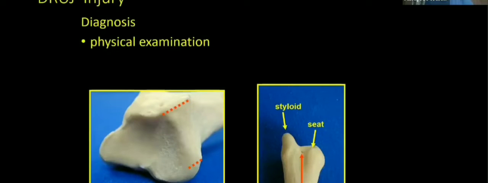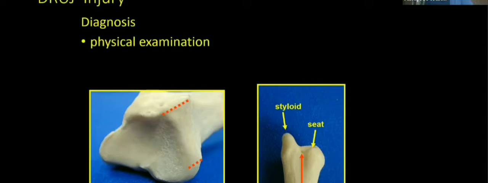I like to look at DRUJ problems as presenting only with pain, or pain with instability, or pain with arthrosis. We'll see in a little bit how this simplistic classification is a good guideline in dealing with fractures and problems of the DRUJ or ulnar-sided wrist pain.